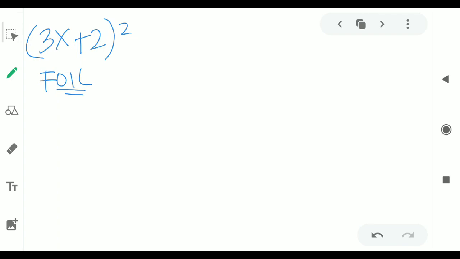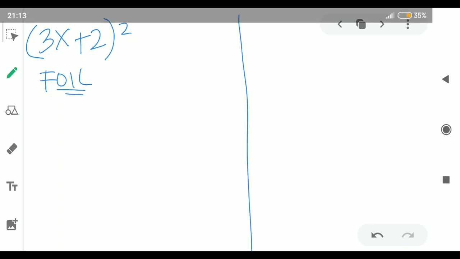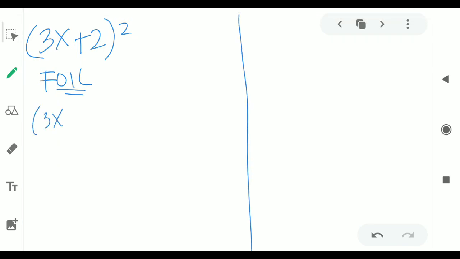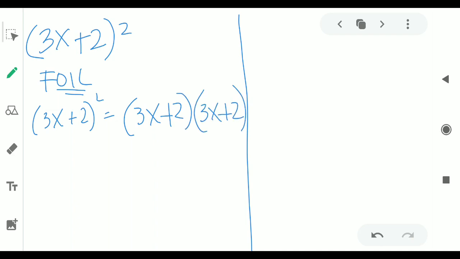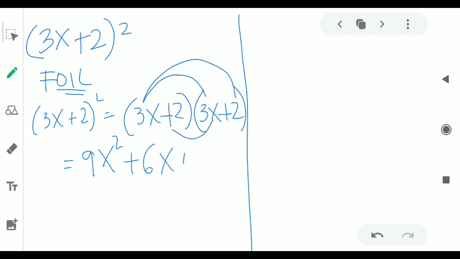So, for FOIL method, 3x plus 2 squared will be the same as 3x plus 2 times 3x plus 2. So we do the FOIL method. 3x times 3x, that's 9x squared. 3x times 2, that's 6x. 2 times 3x, that's 6x. And 2 times 2, that's positive 4.